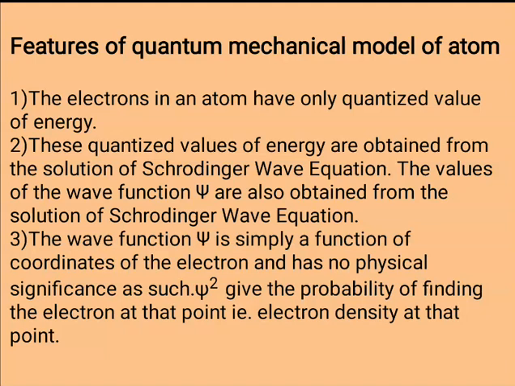Number 3, the wave function psi is simply a function of coordinates of the electron and it has no physical significance as such. Means psi is not significant, but square of psi is always significant, and that gives us the probability of finding the electron at that point. Psi can be positive or negative, but psi square is always positive.